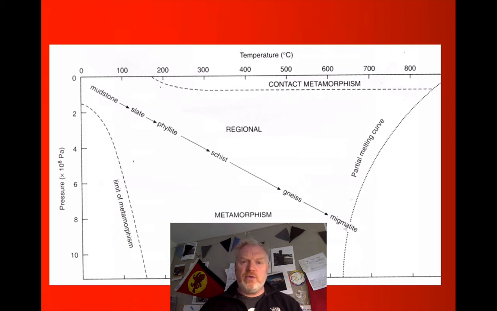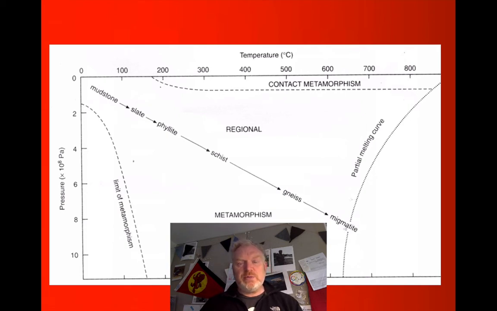We've got contact and regional metamorphism labelled up. Where would we find, for example, igneous rocks on this graph? Where do we find sedimentary rocks? What's the significance of that limit of metamorphism in the left-hand side? Can you annotate your copy of this graph with what you remember about metamorphism already?